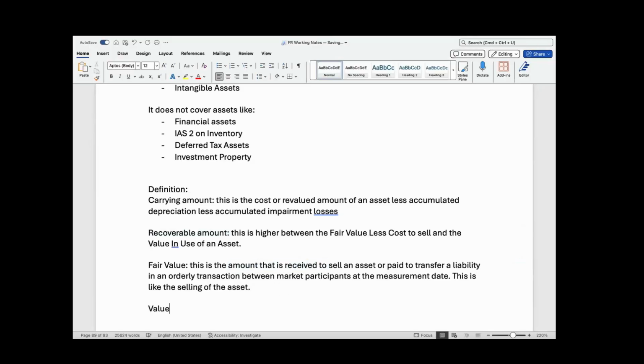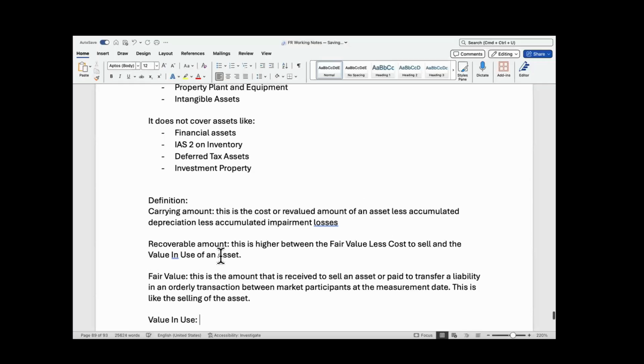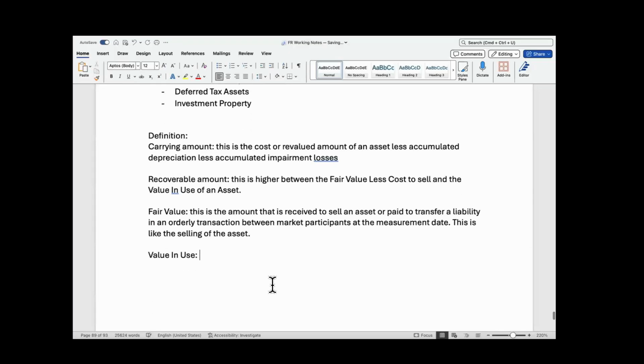While value in use, from the name, is the value you get from using, that's what it means, really. What's the value you will get if you continue to use this asset? That's value in use. So it's usually the present value of the future cash inflows.